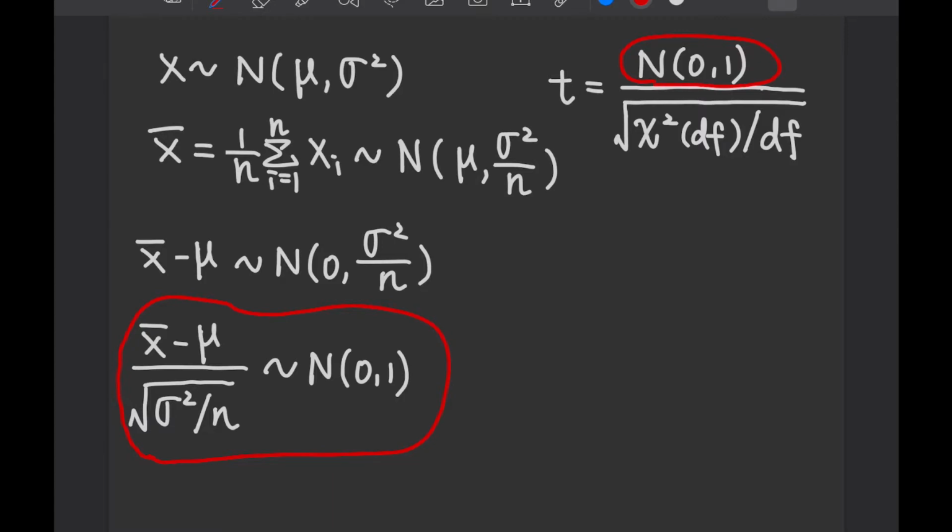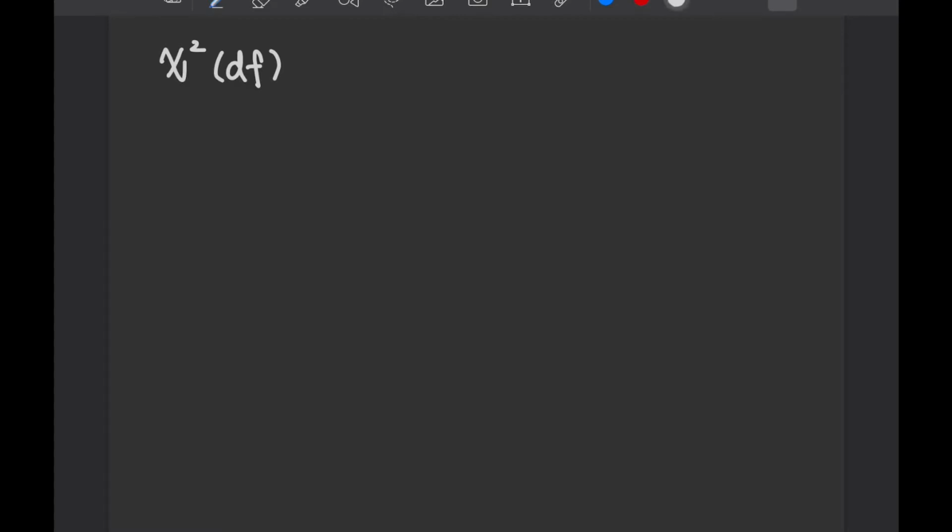Alright, so now obviously we need to derive a statistic that follows a chi-square distribution. For a chi-square distribution, we still start from the assumption that x follows a normal distribution with mu being the mean and sigma square being the variance.